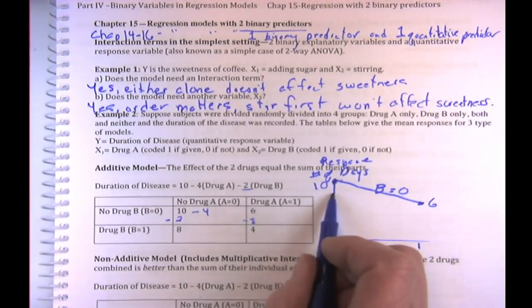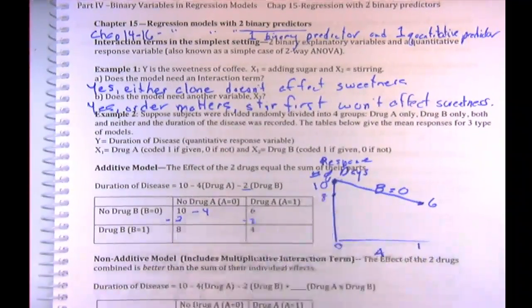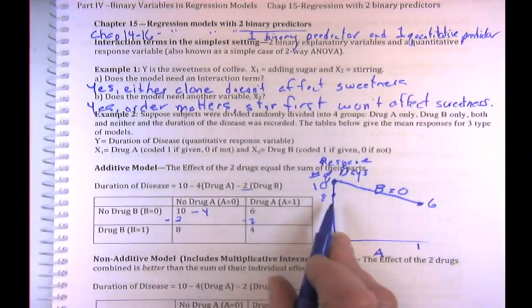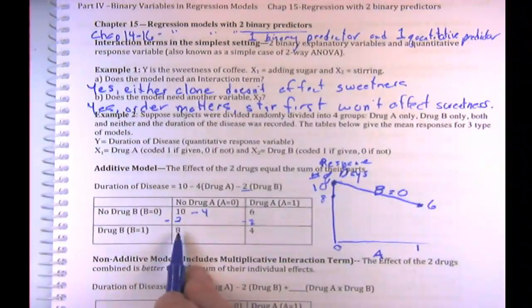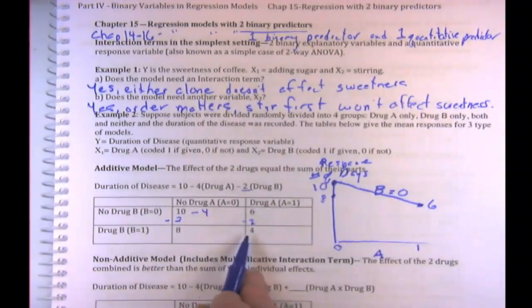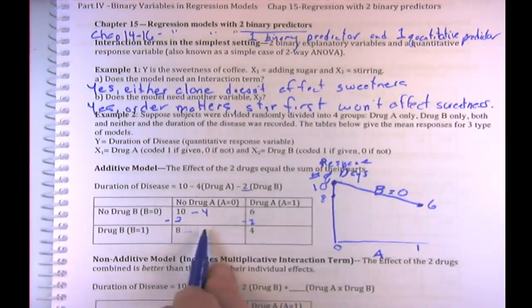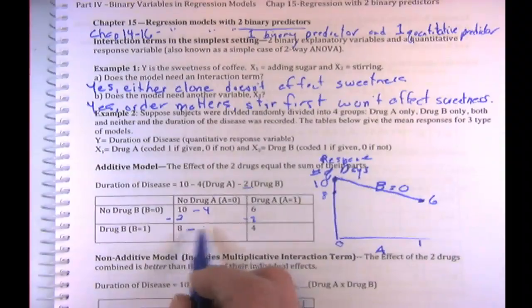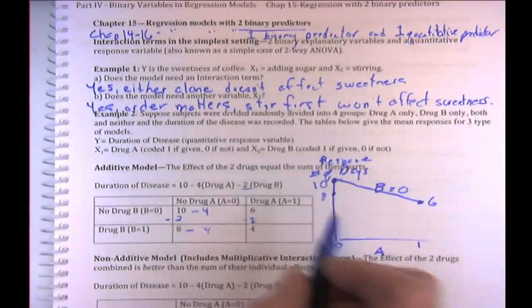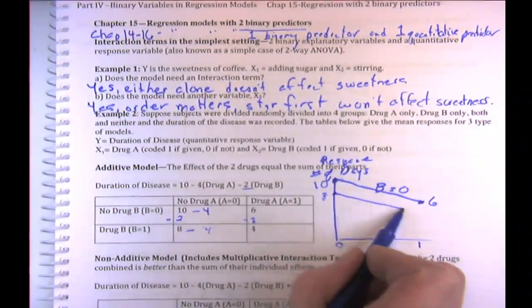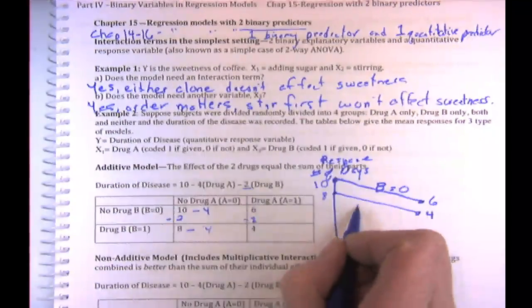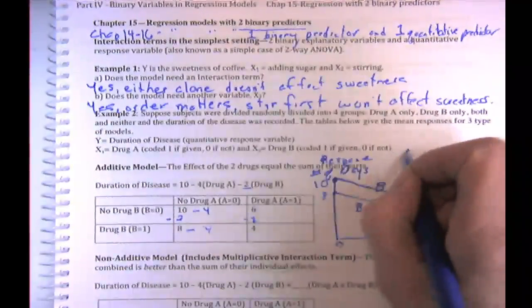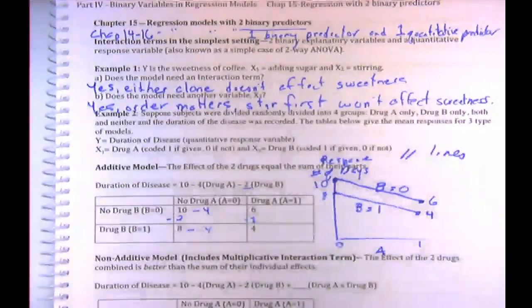So when you have B, you're down here at 8 without A, right? And then you add A in, and you go down to 4, minus 4. And so you have these parallel slopes. And this is when B equals 1. So you have parallel lines. No interaction effect.